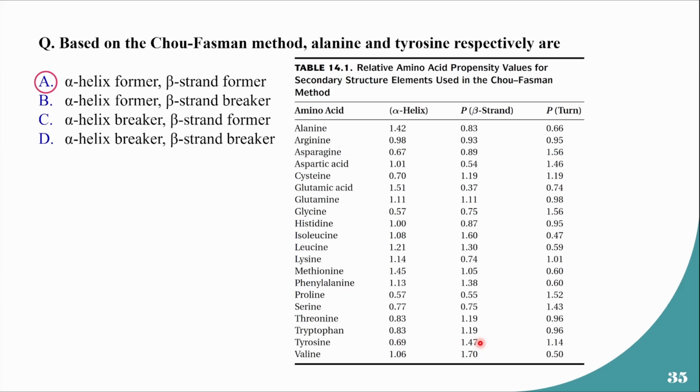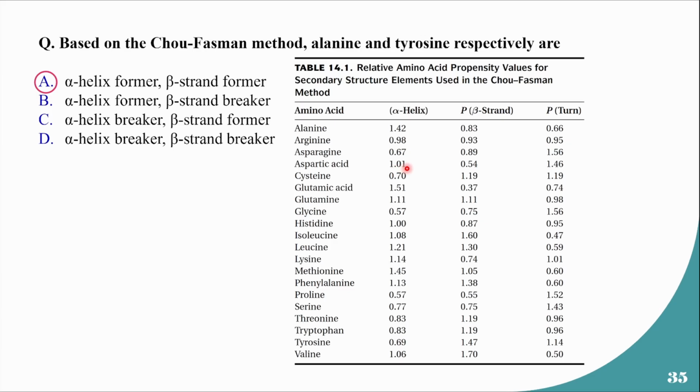Can anybody mention, from this list, for aspartic acid, whether it will be an alpha helix former or breaker, and whether it will be a beta strand former or breaker? If you notice quickly here, for aspartic acid the alpha helix value is 1.01.